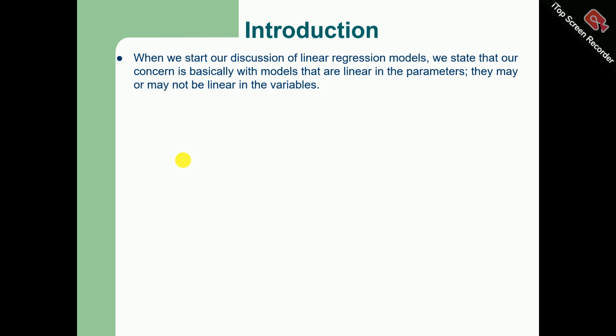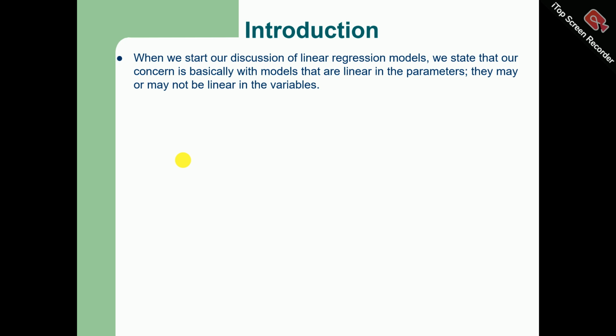When we say our discussion of linear regression models, we state that we are concerned basically with the models which are linear in the parameters. They may be linear or non-linear in variables. Linearity in variables and linearity in parameters are two different things. A model may be non-linear in variables, but if it is linear in parameters, then in econometrics, we call that model a linear model.